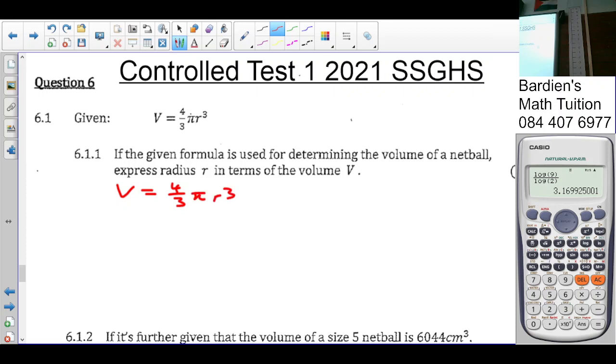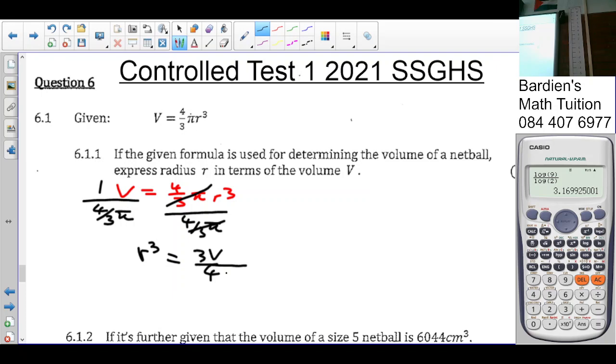To get r cubed on its own, I'm going to divide by 4 over 3 pi. So that cancels. So r cubed is equal to, now there's a 1 on top there, not so. 1 divided by 4 over 3 is going to be 3 over 4. V is in the numerator and pi is in the denominator. How do I get r on its own? Cube root both sides. So r is equal to the cube root of 3 over 4 V over pi.